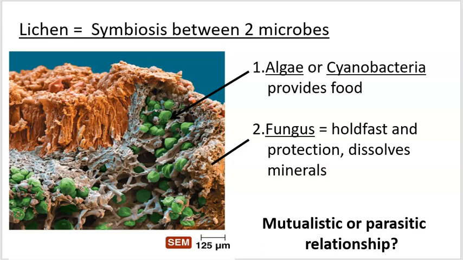When they get wet again, that will allow them to resume their growth cycle, because now the algae or cyanobacteria can start doing photosynthesis, because it needs that water to start the process to provide the electrons for photosynthesis to occur.